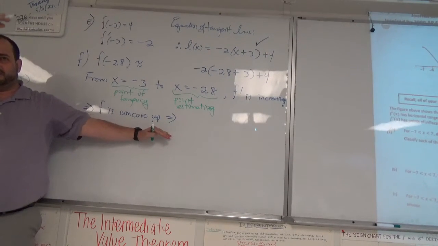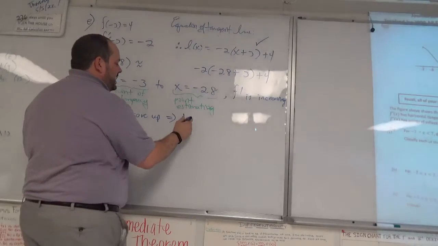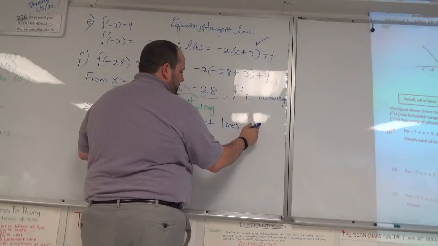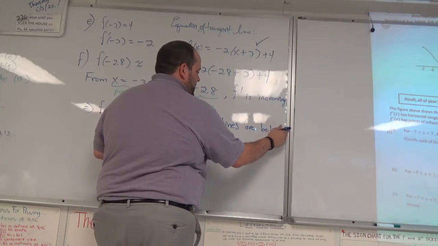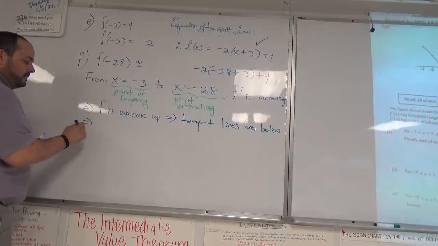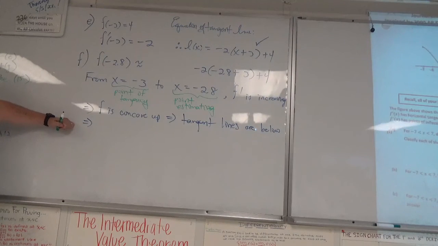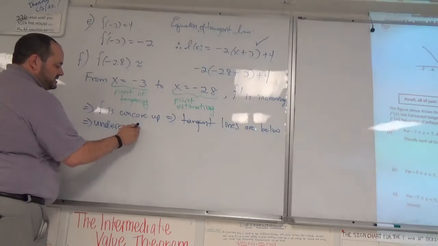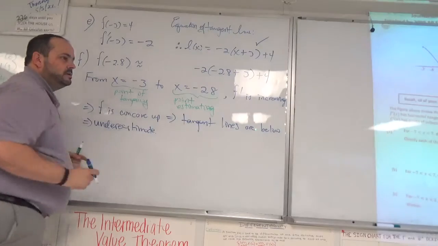The tangent lines are below. So what about that estimate? Don't say understatement, don't say overstatement. What kind of estimate are they? Underestimate. It's an underestimate. Done. We're good?